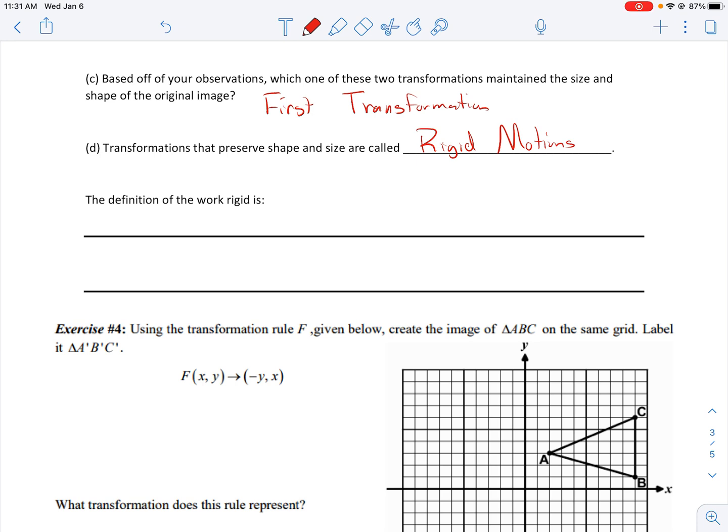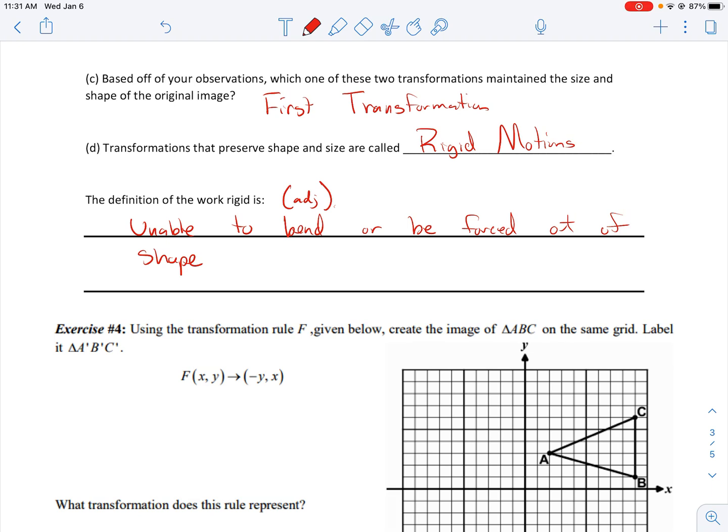Okay, so rigid is an adjective, and what it means is that it's unable to bend or be forced out of shape. Okay, so that's what a rigid motion means.